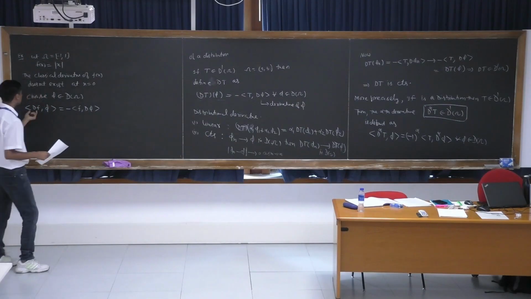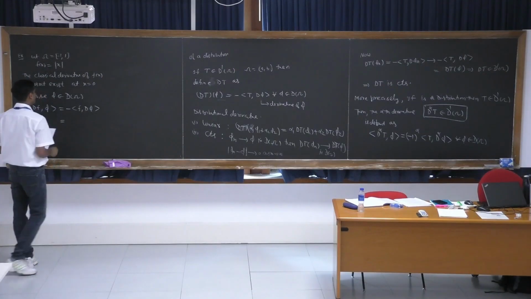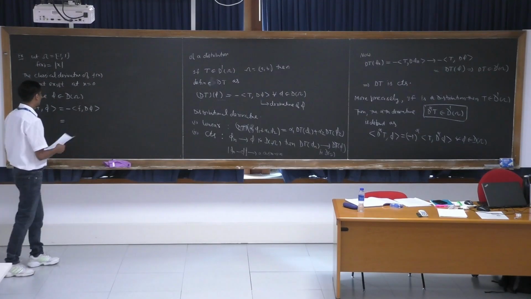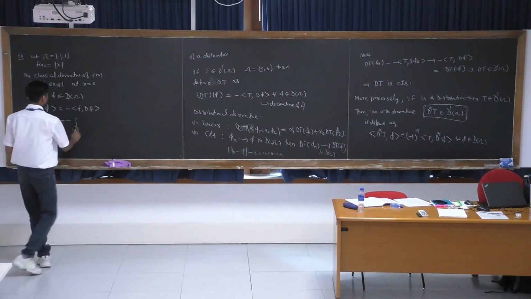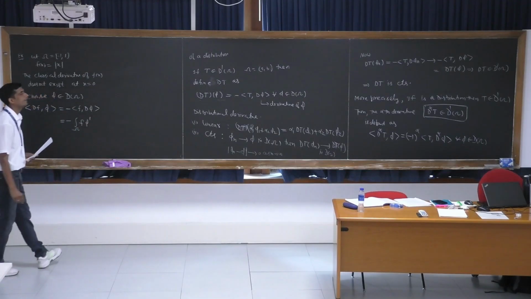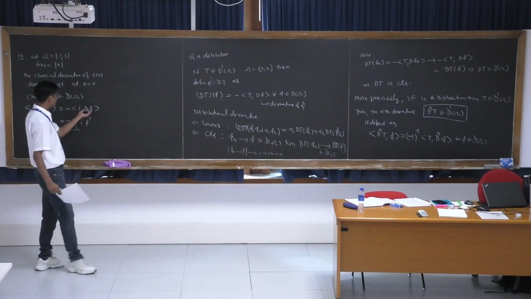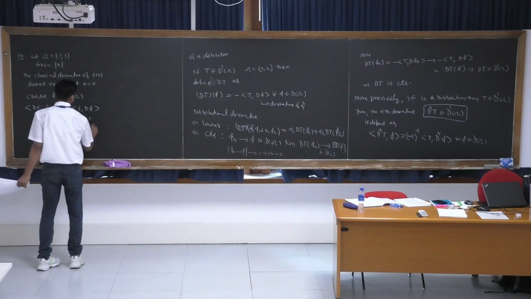So I am saying here this is the derivative of the f, defined by definition, this is equal to this, and this can be written as minus integral over the domain f phi dash. For simplicity I am writing phi dash, because d phi means the first order derivative of phi.